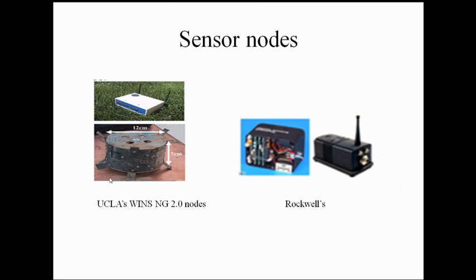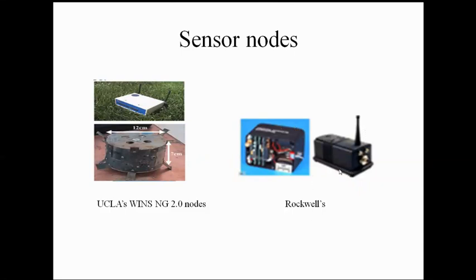I have shown the images here. This is an image of our sensor nodes. On the left-hand side is the WINS NG 2.0 node, and this is how the Rockwell sensor node appears.